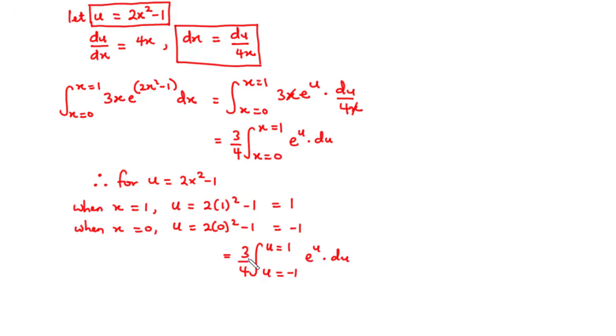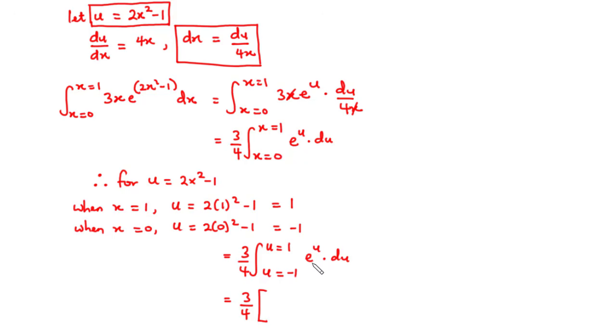At this point, we've been able to successfully remove all components of x in this integral, and we are left with the integral of e to the power u. Now let's integrate e to the power u. So we still have the constant 3 over 4 on the outside.